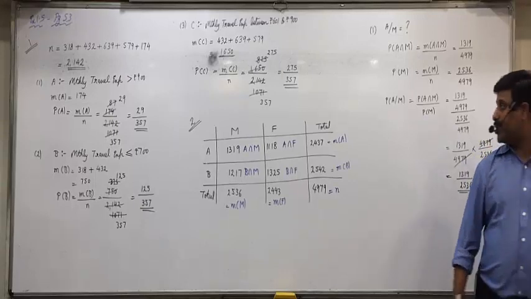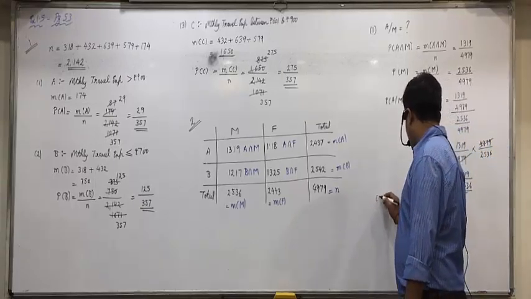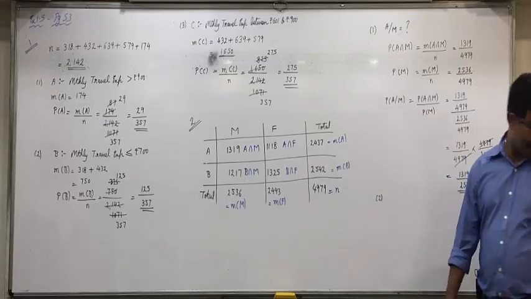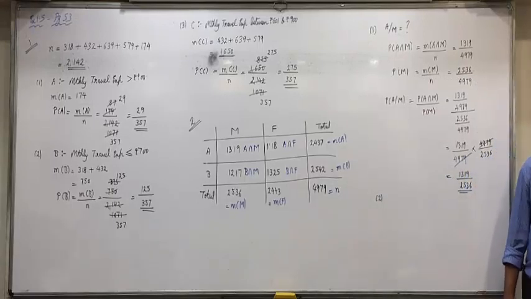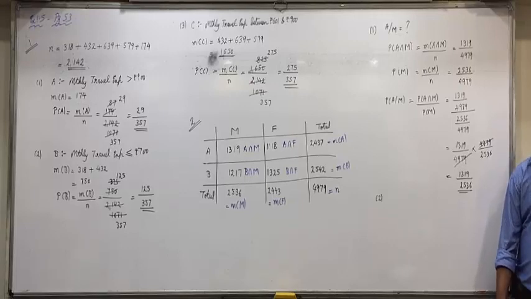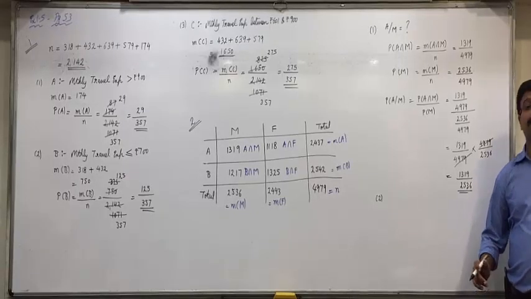Now look at the second question. Underline "if". What will you mark? Slash. Voter is supporter of party A, mark A. Find the probability that he is male, mark it as M. Now what is asked here?